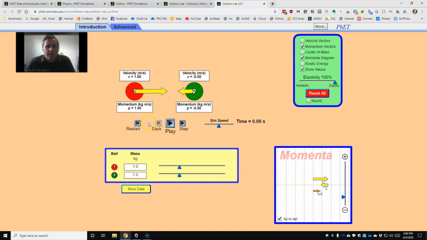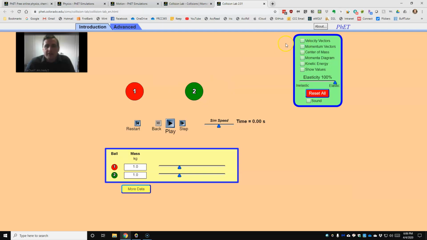Okay, let's try maybe two more scenarios. Let's try having ball 2 not at rest, but let's try having it move to the right at half a meter per second when ball 1 comes and sort of catches up to it and hits it.